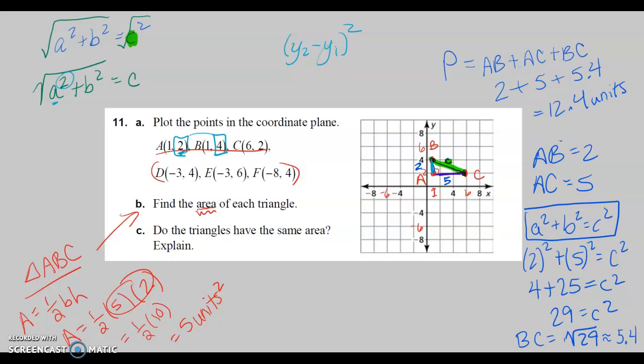If this is just a horizontal distance, I can just subtract the x's, 6 minus 1. So there it is, 6 minus 1. That's what this is representing, x2 minus x1, because we don't know really which one is which. Don't forget it's being squared still. We still have this plus sign in the middle.